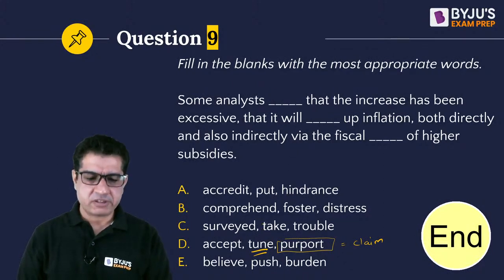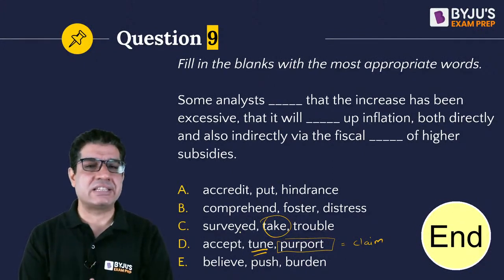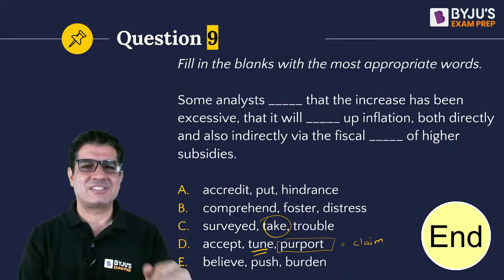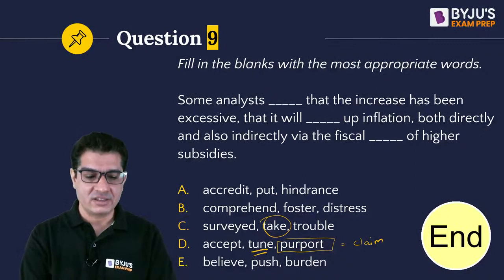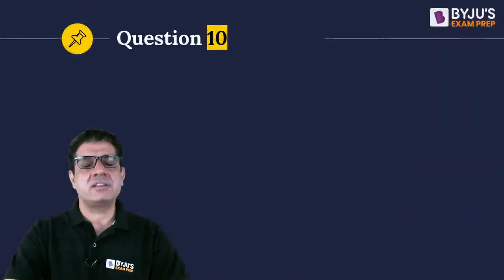And if some of us have also picked up C, take up inflation won't work. When you take up something, you start learning it, right? It does not mean increase, which is what we needed in the second blank. So E it is. And here is our next question.